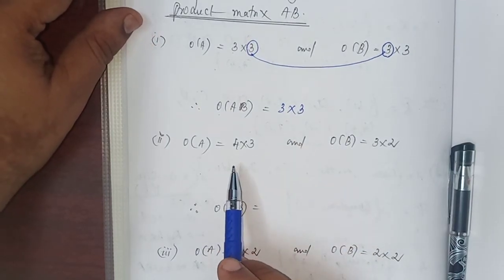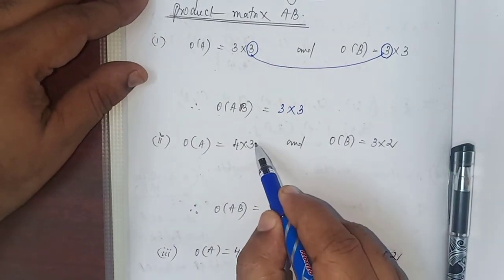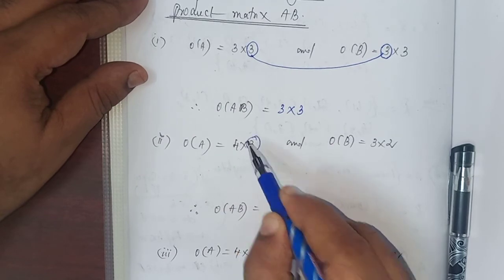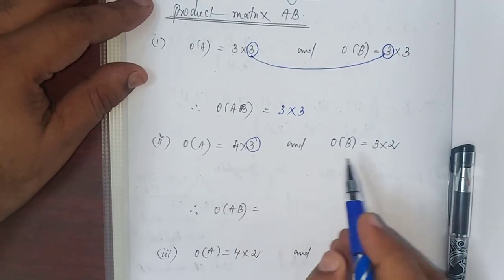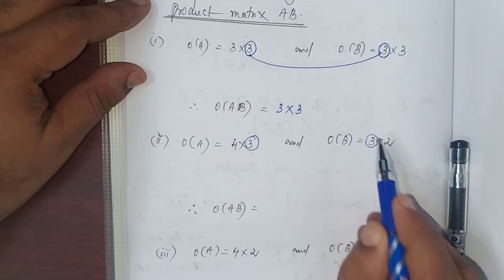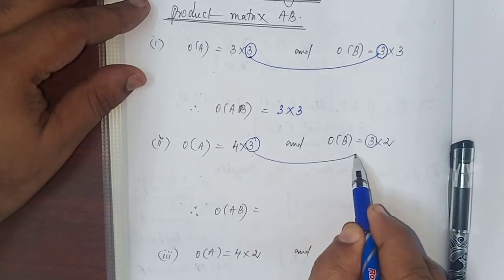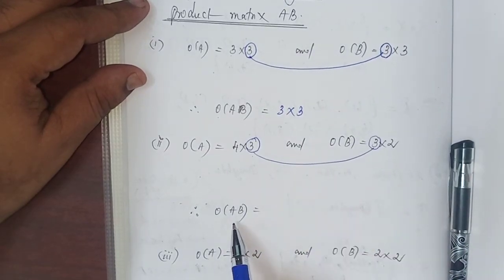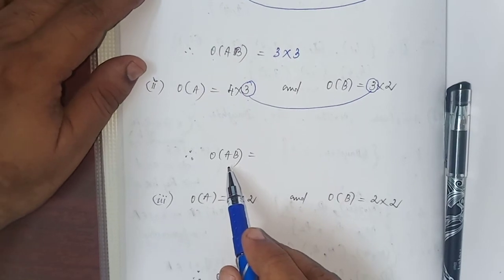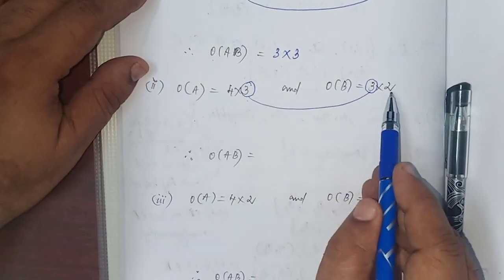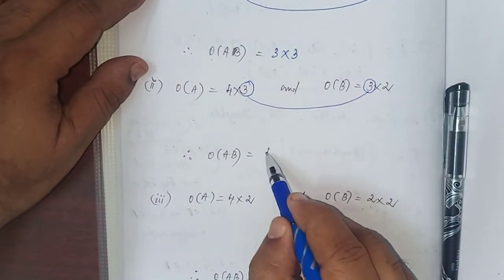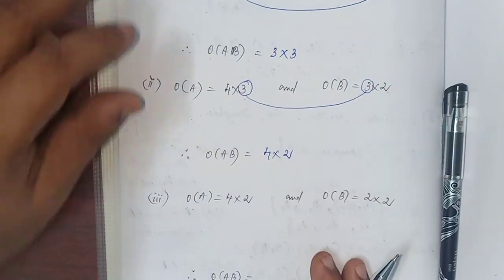For the second subdivision, number of columns of the first matrix is equal to number of rows of the second matrix B. The resultant matrix AB is of order 4 rows 2 columns, 4 by 2 matrix.